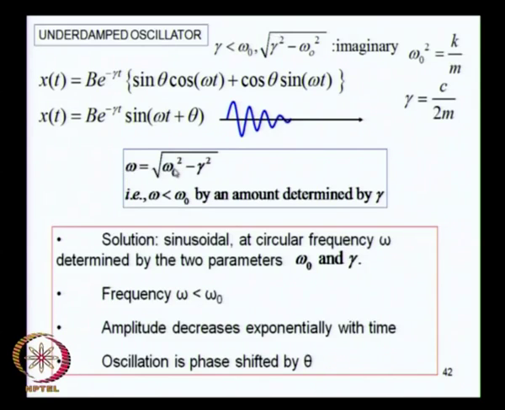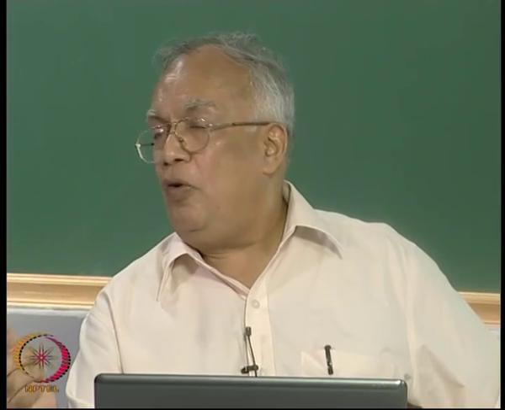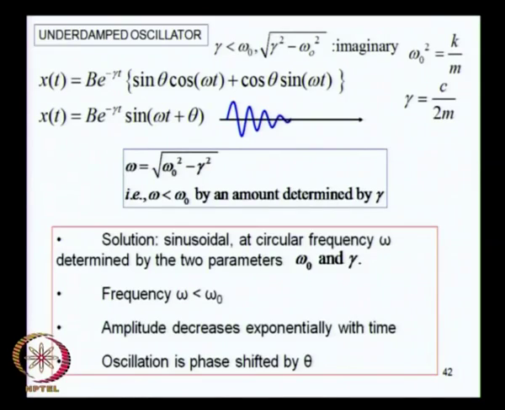So, the periodicity of this oscillation is governed by the natural frequency as we expect, but also by the damping which has been inserted. So, omega 0 square minus gamma square is responsible for omega not being equal to omega 0.